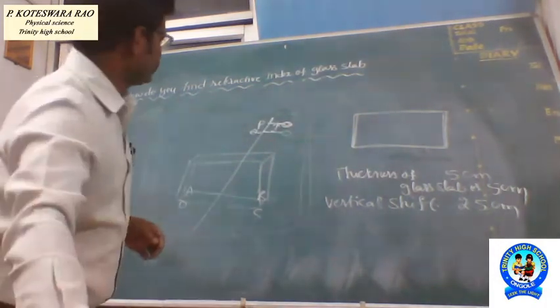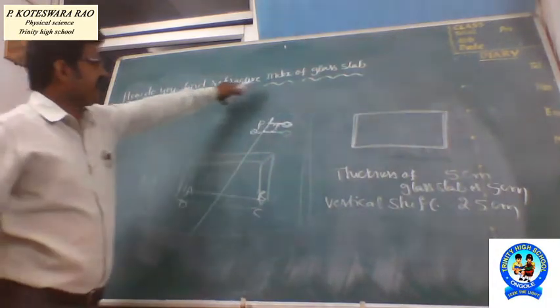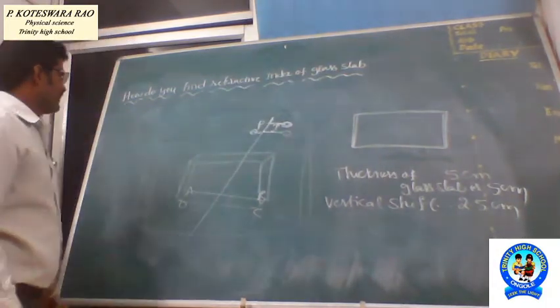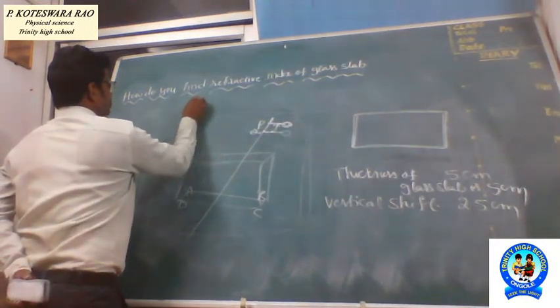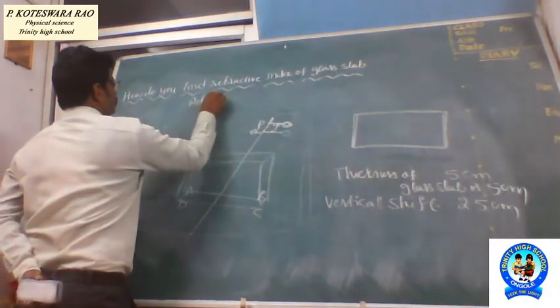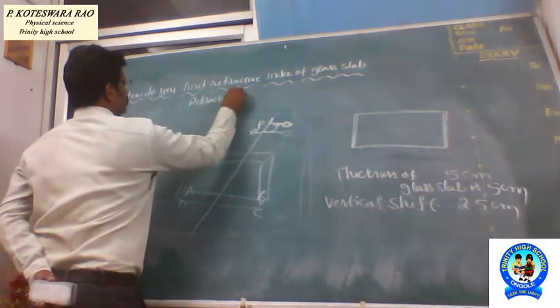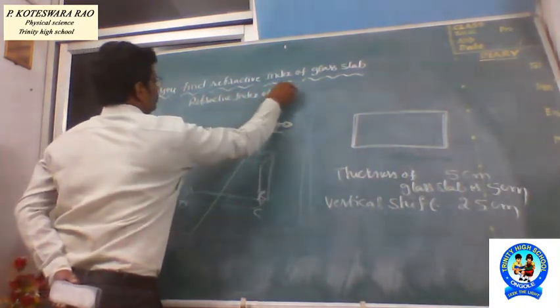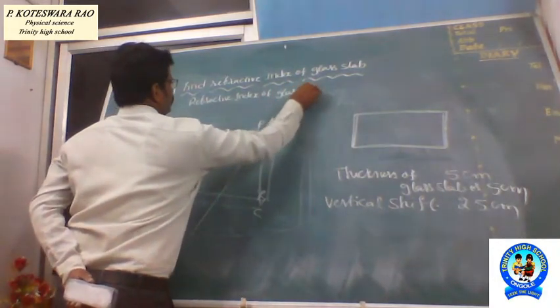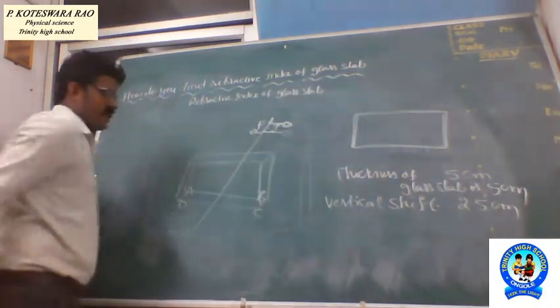Then how is it possible to find the refractive index of the glass slab? What is the formula?